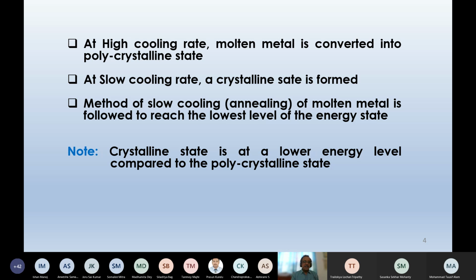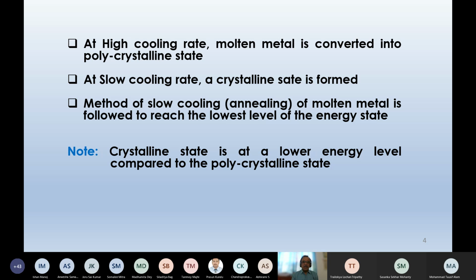On the other hand, if I go for the slow cooling rate, there is a possibility that I'll be getting a single crystal of that metal. There will be a crystal of only one type, that is called a single crystal or crystalline state. So let me repeat, if I go for high cooling rate, you'll be getting the polycrystalline state.